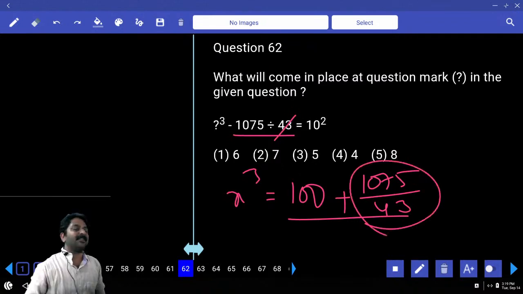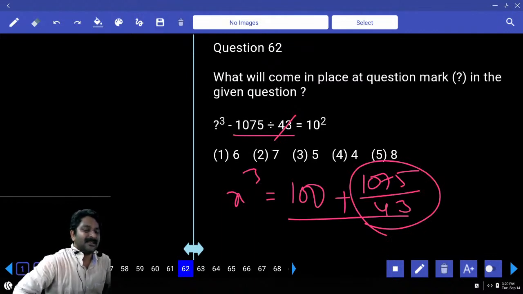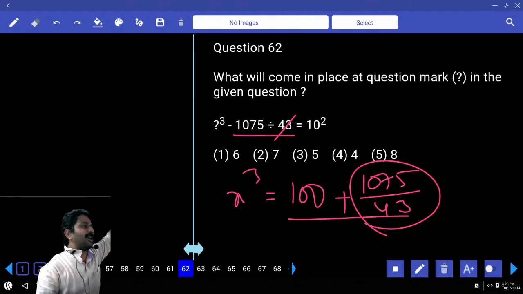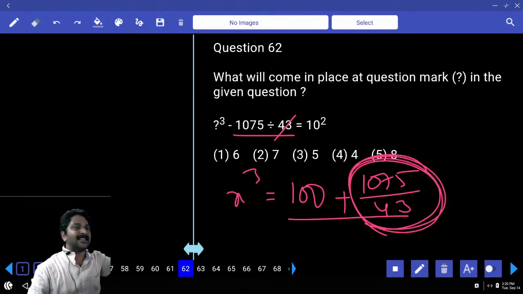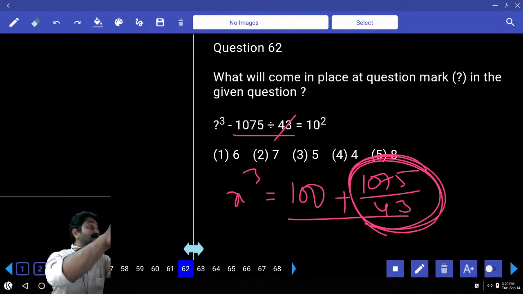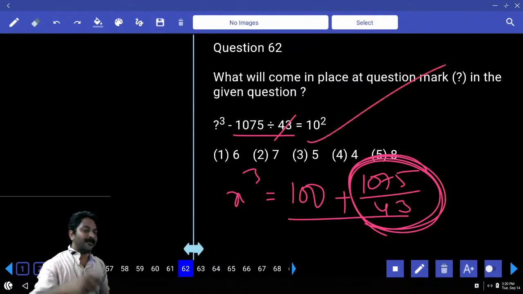What is 10 times of denominator? 430. 20 times? 860. 30 times? 1290. But you have numerator less than that. That means this value is more than 20 but less than 30 only. We are adding 100 also. That means x cube is more than 120 but less than 130. Which cube is in between 120 and 130? 5 cube, final answer.